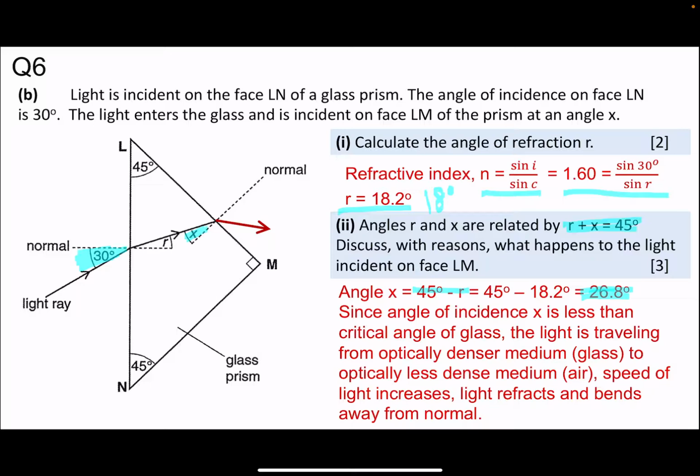Now 26.8 degrees is less than the critical angle of the glass that we have calculated in part A. Therefore, refraction will happen, and because the light is traveling from the optically denser medium glass to optically less dense medium air, the speed of light will increase and the light will refract and bend away from the normal.